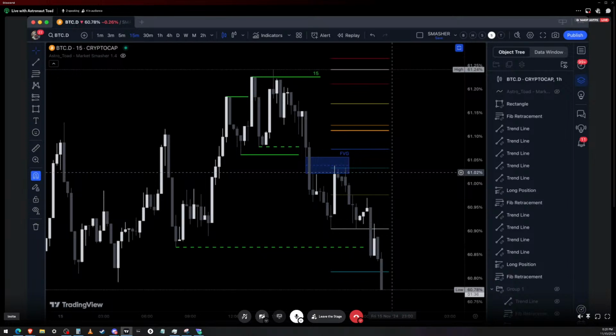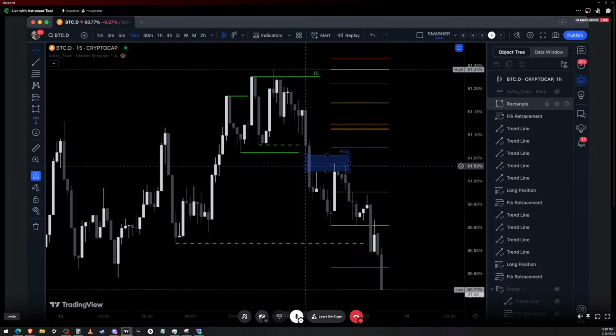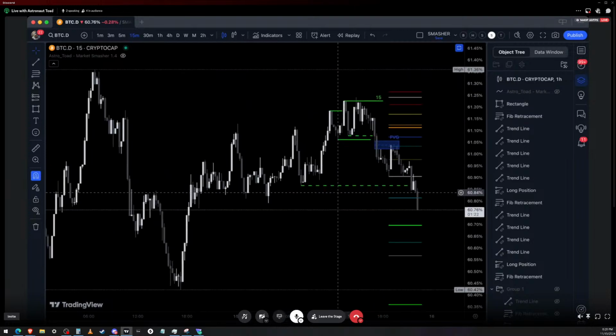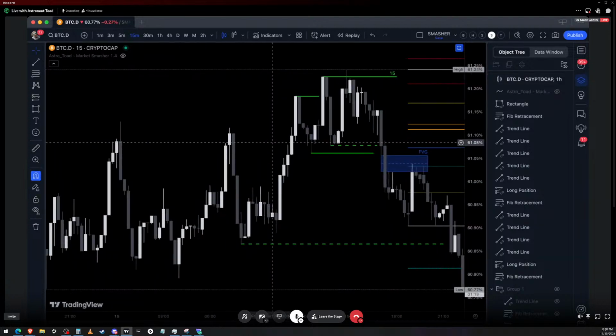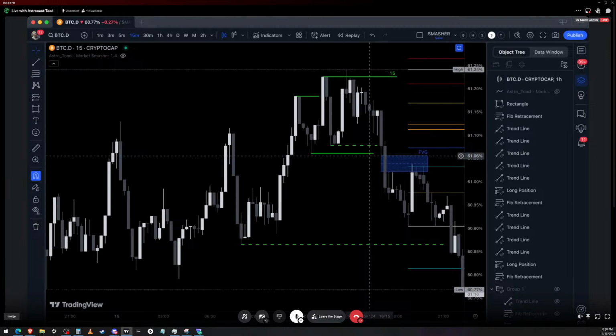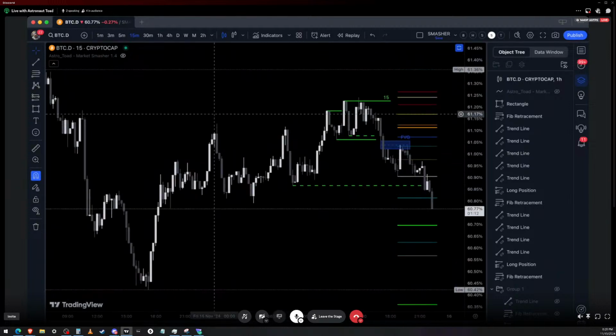But this is just a way of understanding. I use this as a way to understand the market and not take trades recklessly. So for example, in this moment, I'll give an example.